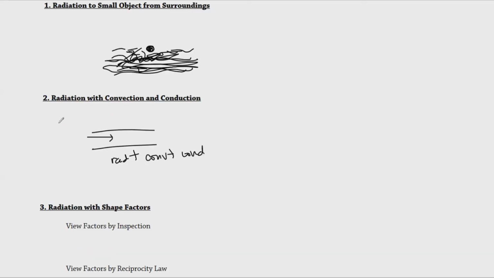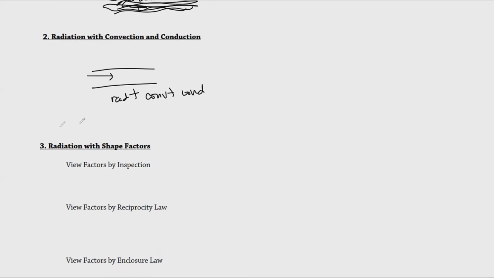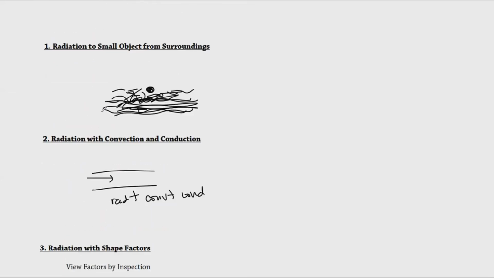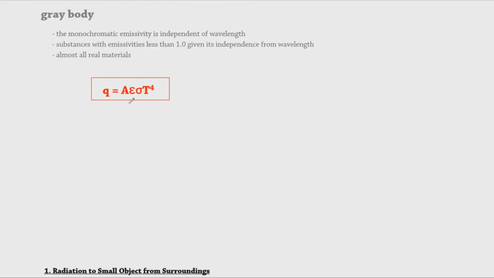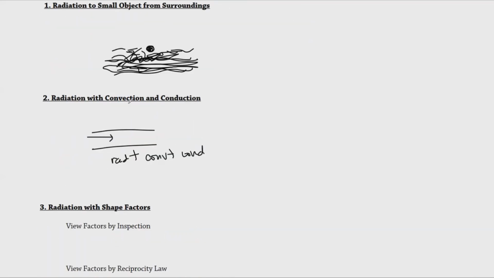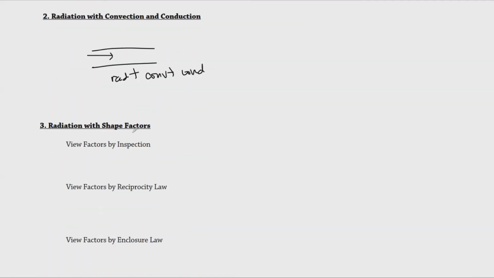And then the third one. I would say that radiation alone is a pretty straightforward problem. When we solve it, you're just using an equation here, you modify it a little and then you're done. But when it comes to this radiation with shape factors, that's when it becomes really complicated.